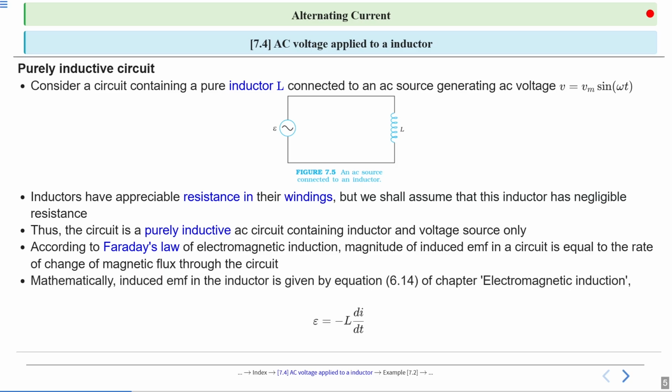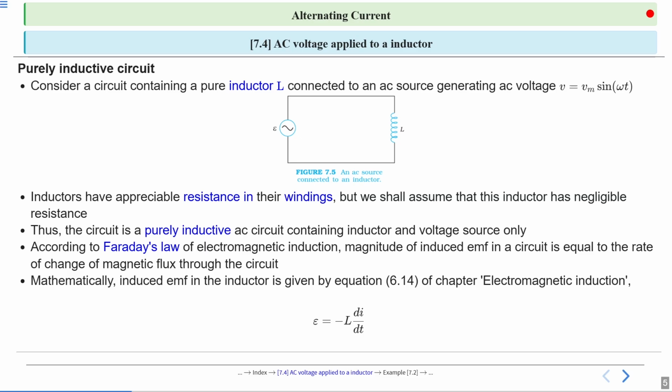So mathematically, induced EMF in the inductor is given by, as we have seen in the self-inductance topic, if this inductor has self-inductance L, the EMF induced in this inductor is given by equation 6.14 of the chapter electromagnetic induction, that is equal to minus L di by dt, and the negative sign represents the polarity of the EMF.